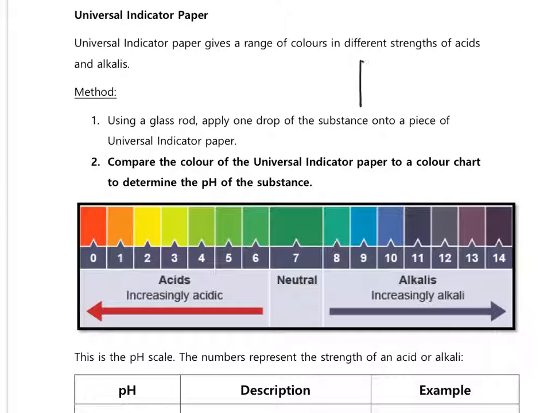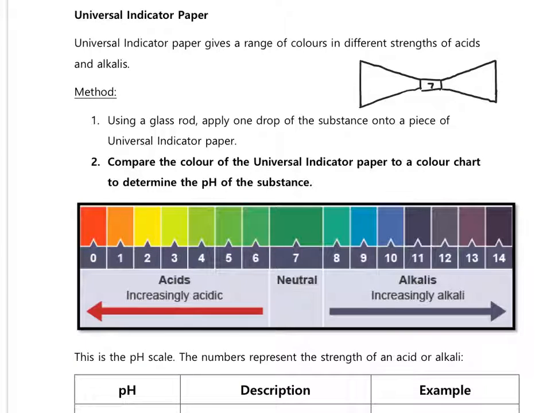The pH scale is a little bit funny in that we start off with very strong acids. Those strong acids then get weaker and weaker until a particular number, and that number is 7. 7 is the crossover point between acids and alkalis, and pH 7 is neutral. Once we go over to the other side, we're into the alkalis, and alkalis get stronger and stronger until they get to 14.